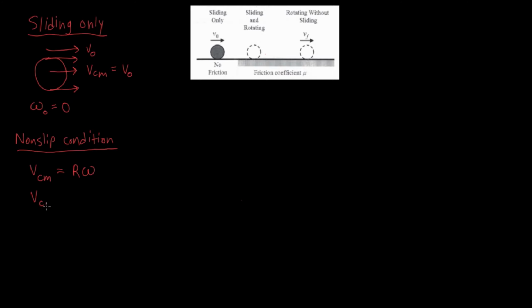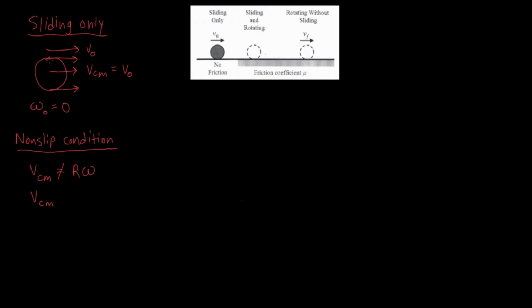So what we can say is that the velocity of the center of mass is actually not equal to the radius times the angular velocity, but instead, since the angular velocity is 0, if we plug in a 0 for the angular velocity, this entire term goes to 0.